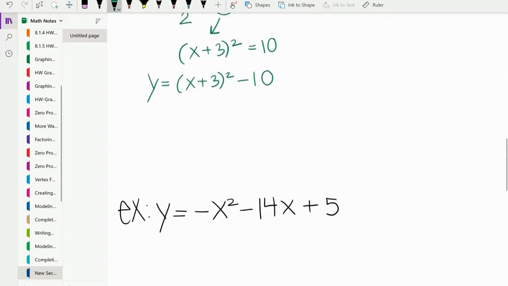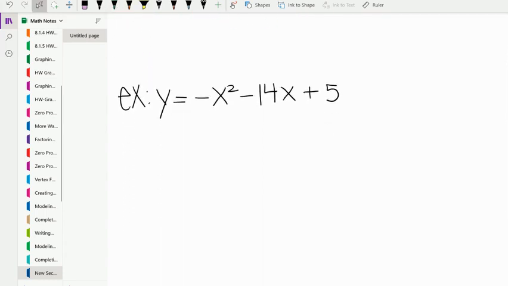So now we're going to look at this problem where a is not equal to 1. So remember we said earlier a has to be 1. So there's two differences. The first thing that you have to do is just divide by whatever number will make that first number 1. So in this case it's -1. So to make it 1, you just take the entire thing and you divide by -1.